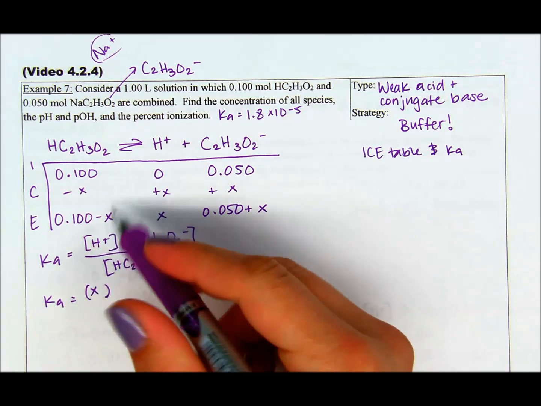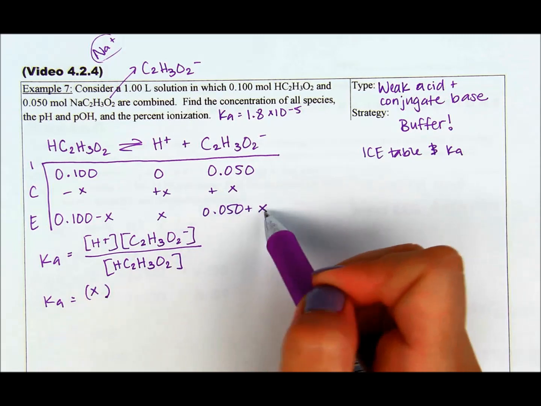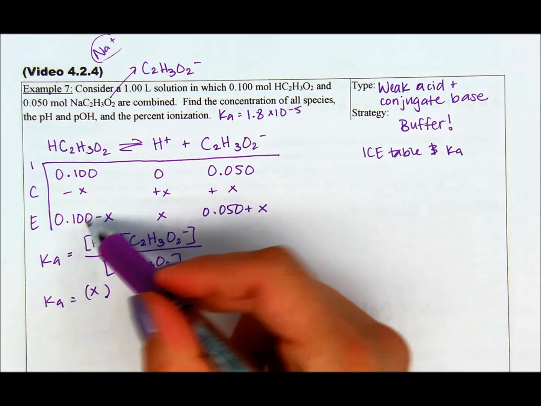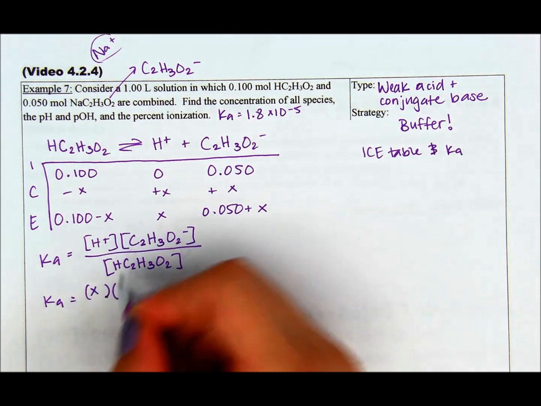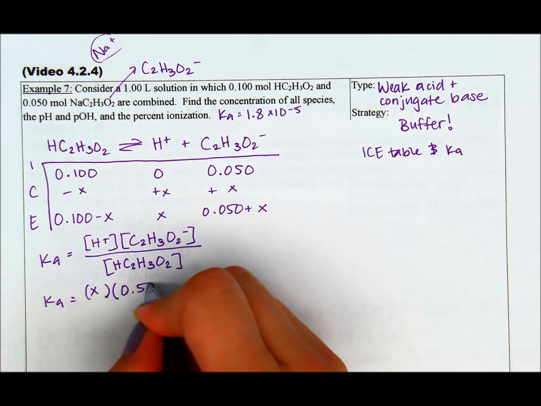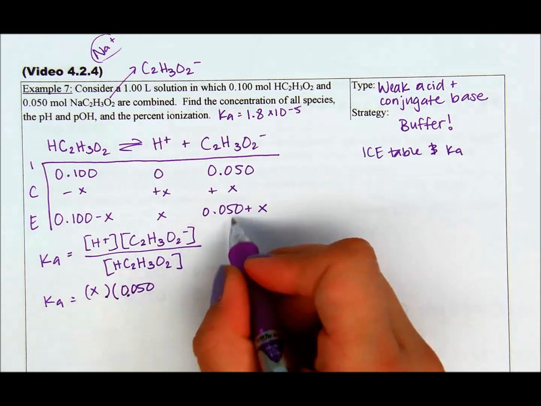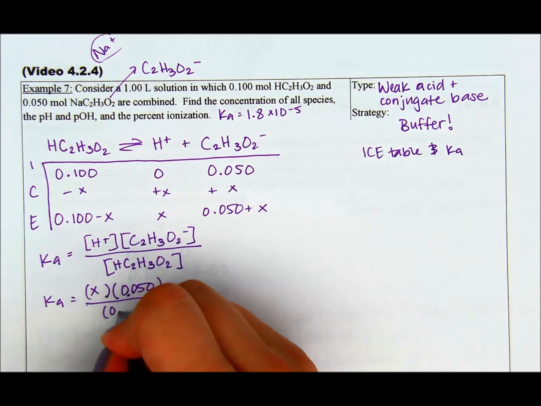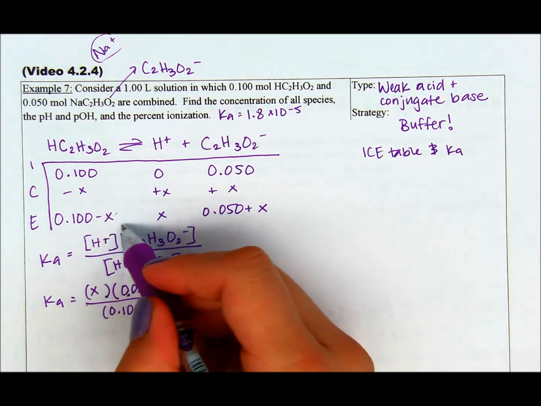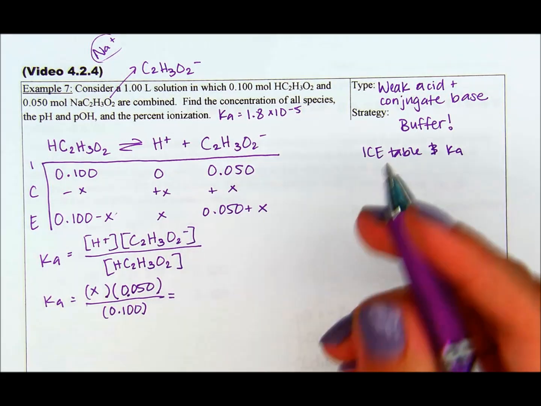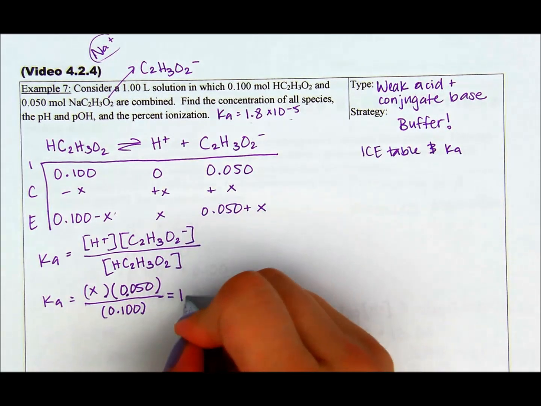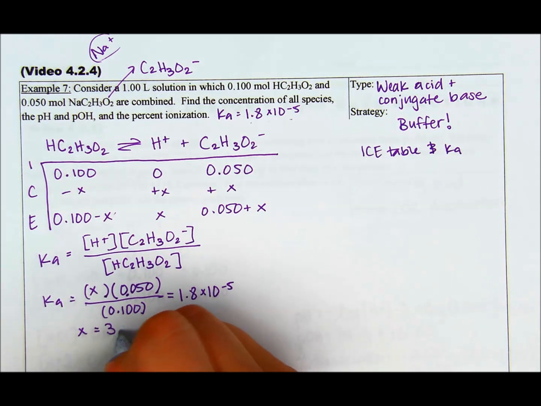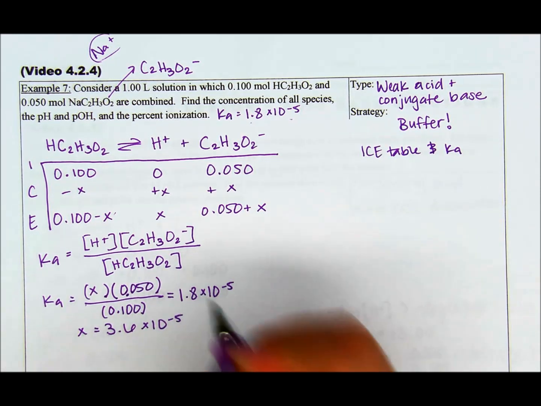And now I'm going to again ignore this x, and I'm going to ignore this x, because we're going to assume they're very, very small, which they are in relation to these numbers here, because this is a very weak acid. So we have 0.50 here, and ignoring the x, over 0.100, and again, ignoring that x because it's really small, equals your Ka, which is 1.8 times 10 to the negative 5. So x is equal to 3.6 times 10 to the negative 5.